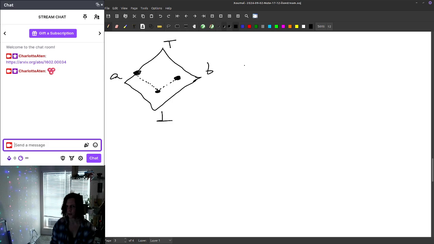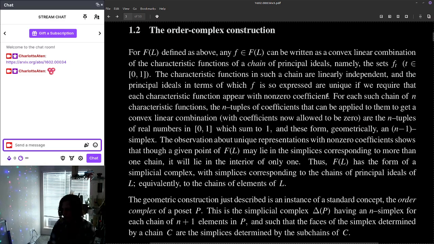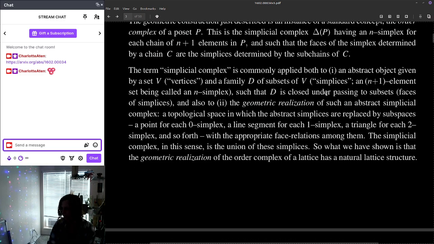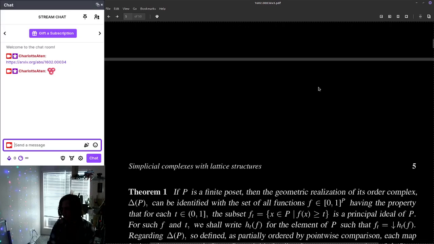That wasn't original to this paper, but that's what was summarized here. So let me find the summary.